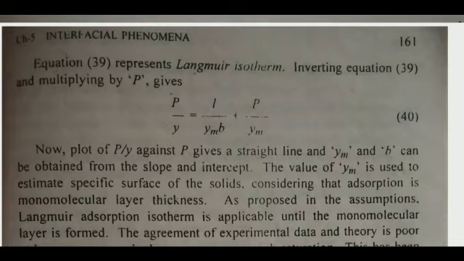From the straight line, the slope gives the ym value, and the straight line can be extrapolated to the y-axis, where you will obtain the intercept. The value of ym is used to estimate the surface area of the solids, considering that adsorption is from a monomolecular layer thickness.